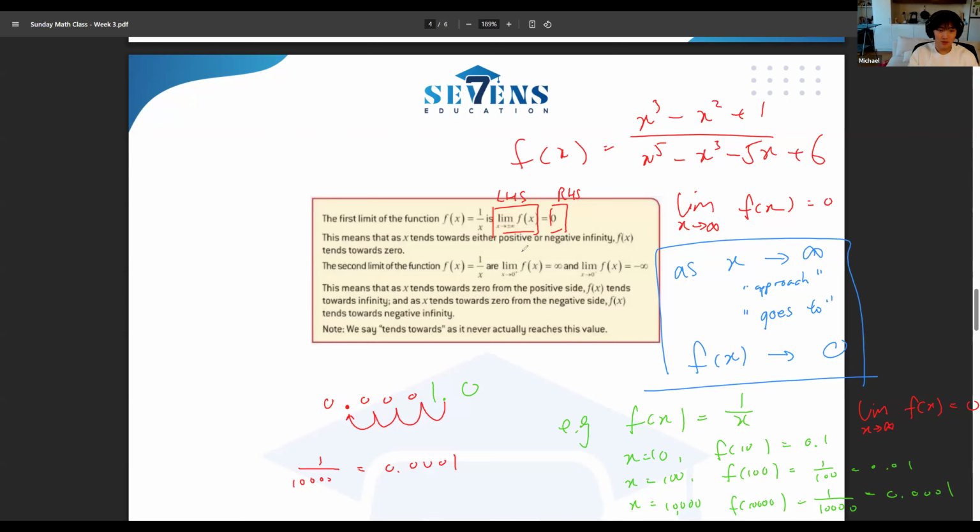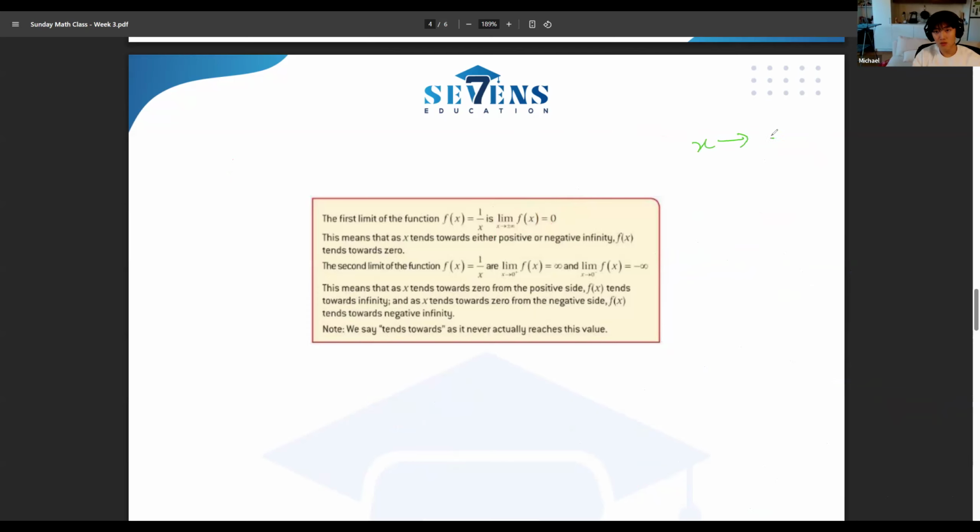All right, here, instead of x going to infinity, we have x approaching 0. So first of all, what happens when x is 0? Right now we're looking at what happens when x approaches 0. So first of all, what if x is 0?